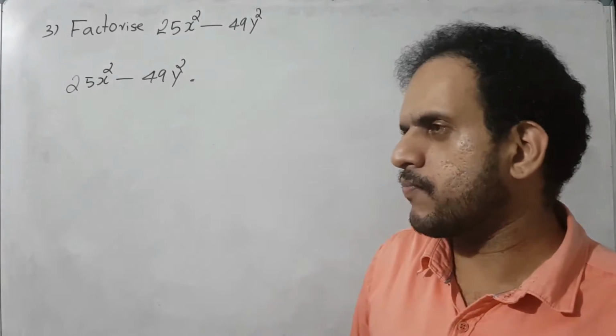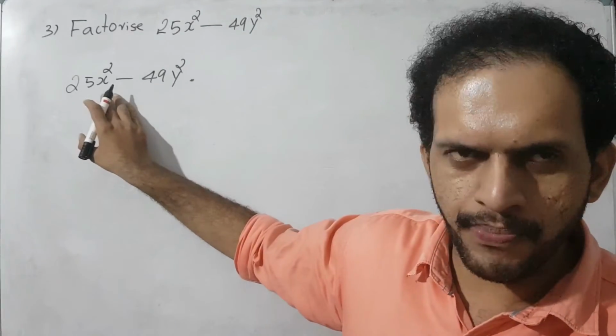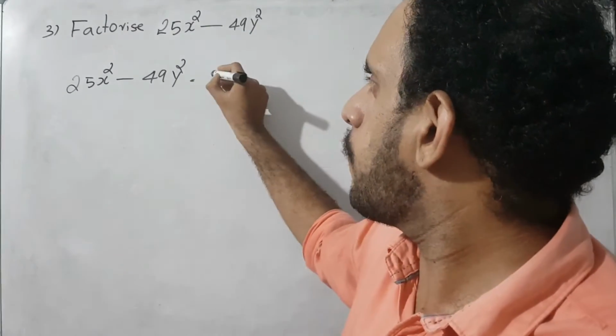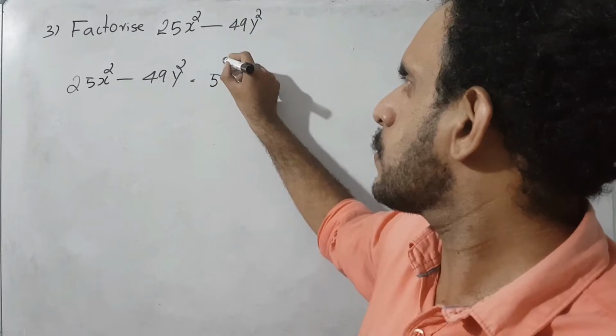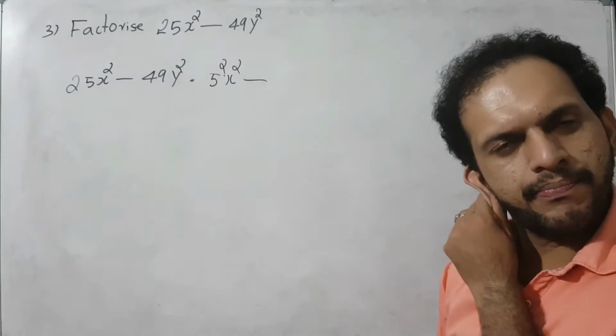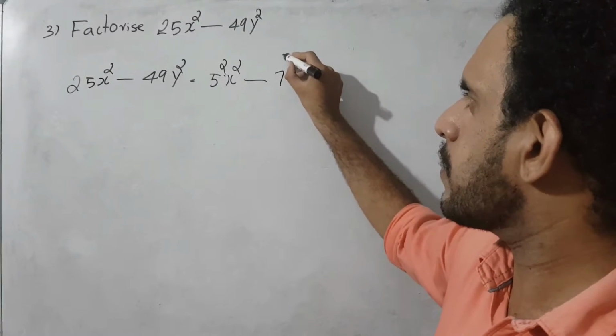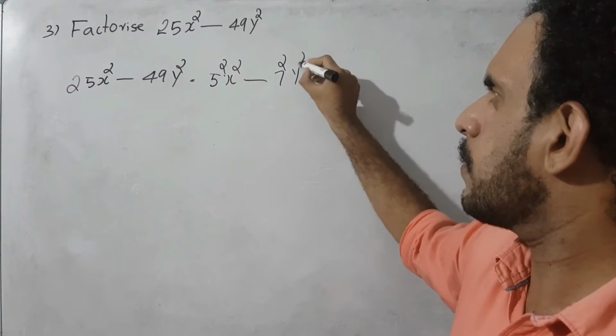Then as usual, first we check whether the first term can be converted completely in the form of a square. Yes, how to write it: 5 square x square minus, the second term 49 is 7 square y square.